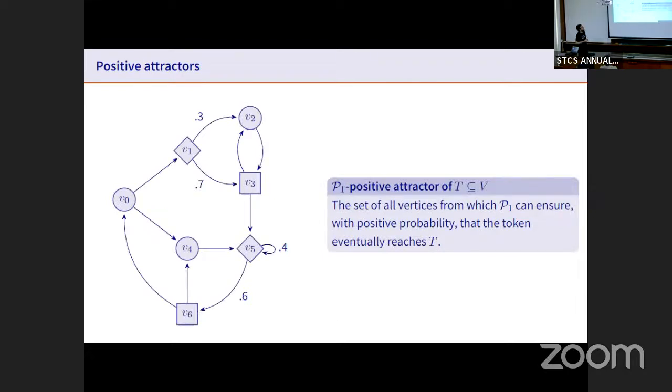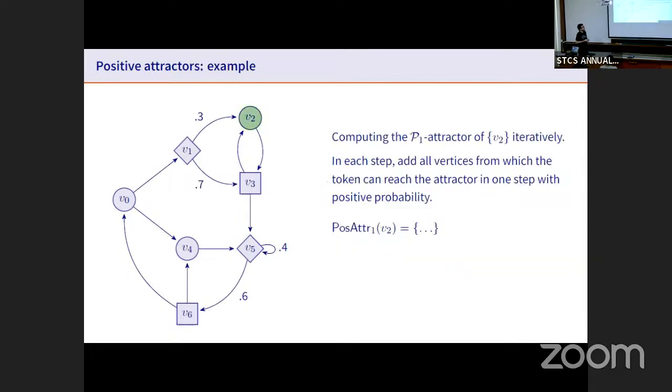So what's a positive attractor of a set? A player one positive attractor of a set is the set of all vertices from which player one can ensure that the target set T can be reached eventually with positive probability. And this can be computed by a fixed point computation. Suppose we want to compute the player one positive attractor of this set V2.